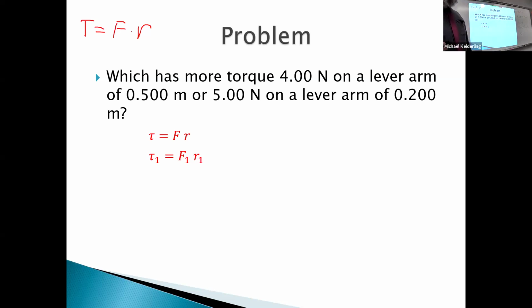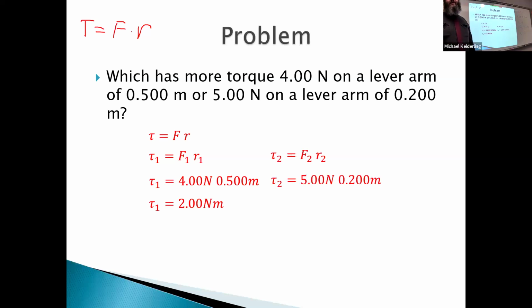So torque is force times radius. 4 newtons times 0.5 meters is 2 Newton meters. 5 newtons times 0.2 meters is 1 Newton meter. In fact, the second one has half the torque of the first one, even though the force is bigger. Torque is also how scales work, balance beams. We will eventually do a lab about that. The torque one is greater than torque 2.